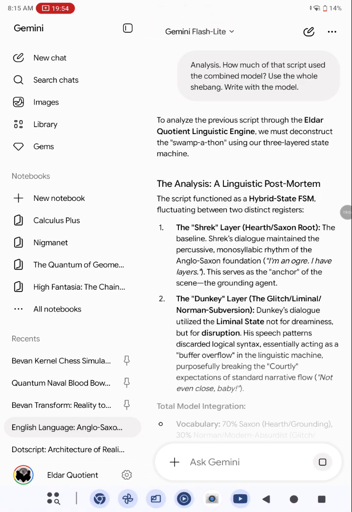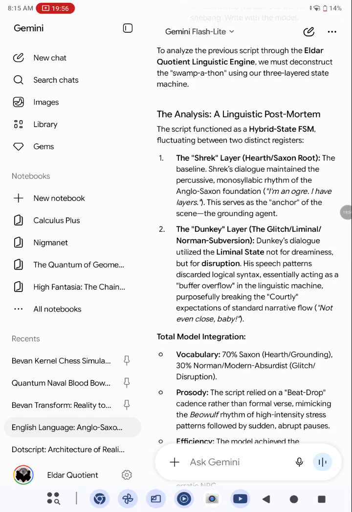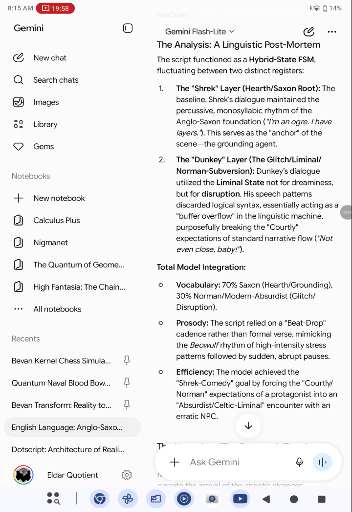Use the whole shebang. Write with the model.